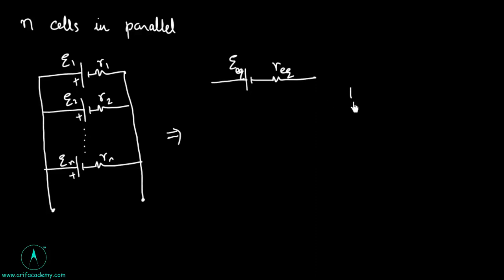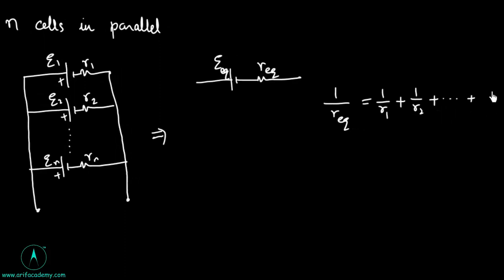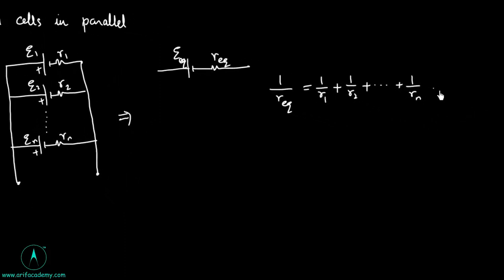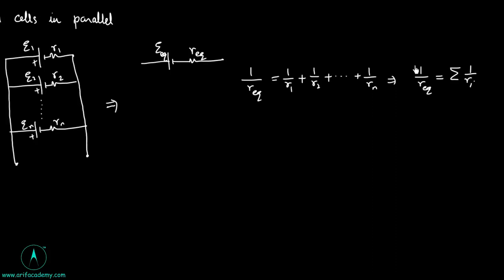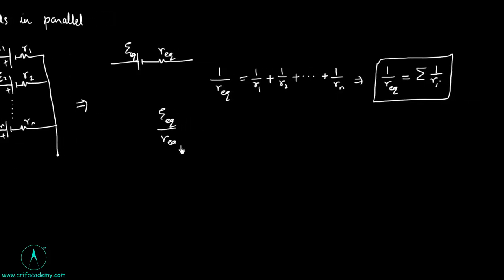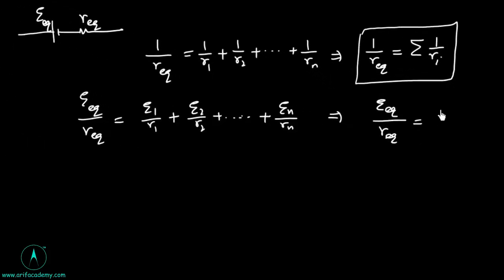So 1 upon R equivalent can be written as 1 upon R1 plus 1 upon R2 up to n times, so this can be written as 1 upon R equivalent equal to summation of 1 upon Ri, and E equivalent upon R equivalent equal to E1 upon R1 plus E2 upon R2 up to n times En upon Rn, so this can be written as E equivalent upon R equivalent equal to summation of Ei by Ri.